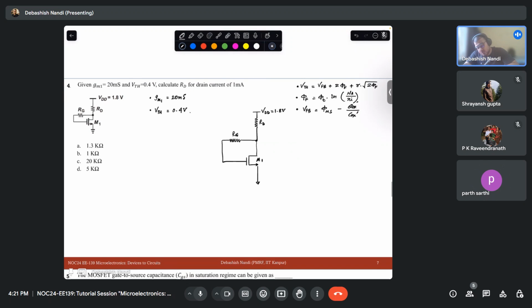So how do you solve this circuit? What is given to us?